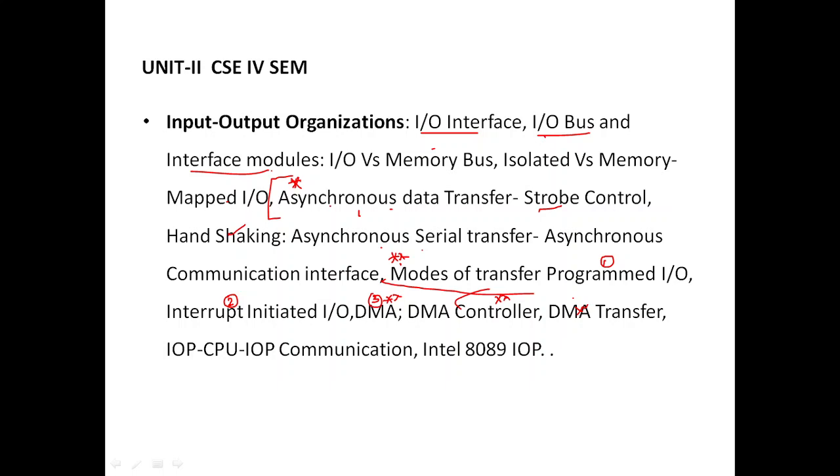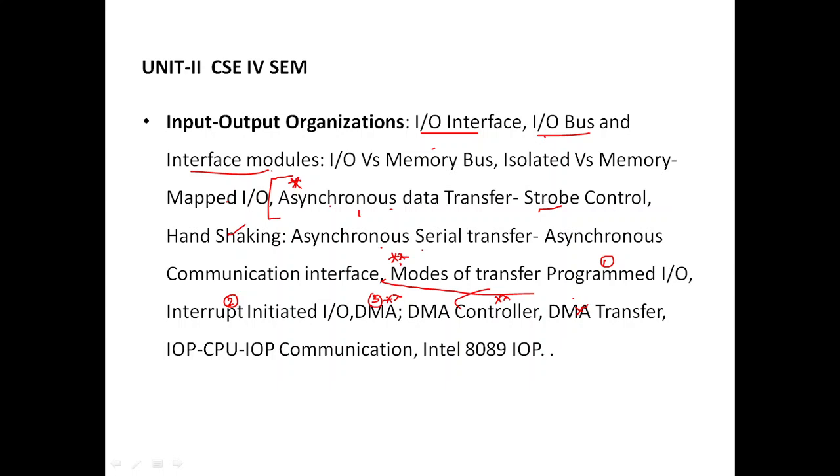So instead of wasting that time, we completely keep the central processing unit, the CPU, aside. We are not using it at all. If we want to transfer the data or fetch the data, we directly fetch it in the memory, and directly retrieve the data from the memory by making use of DMA.